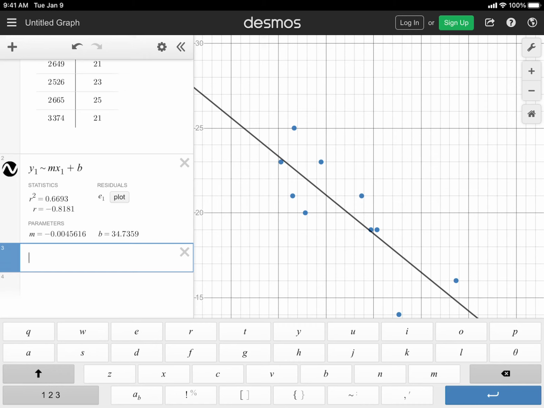Okay, and so now we can see our line of best fit, and we can see our m value we're going to use for our slope is negative 0.0046, we'll round that, and our y-intercept is going to be 34.74.